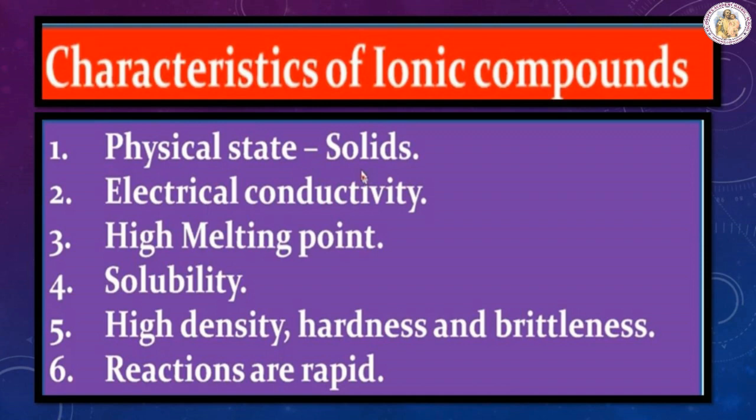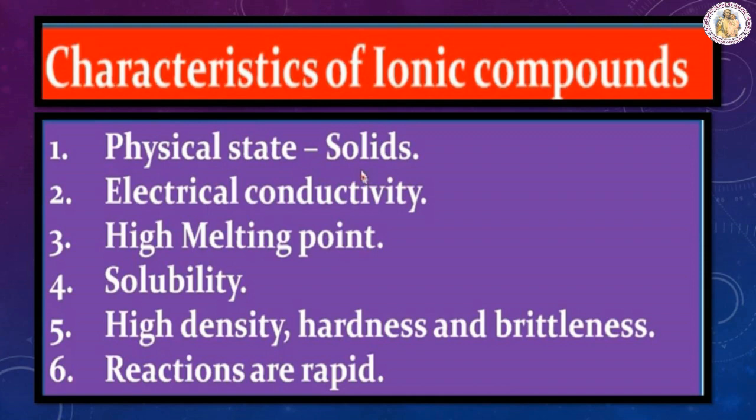Ionic compounds have high melting and boiling points. Then solubility. Ionic compounds are soluble in polar solvents like water. Polar solvent means water. And they are insoluble in non-polar solvents like benzene C6H6 and carbon tetrachloride CCl4.